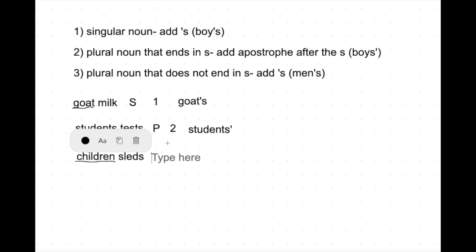So write P, it's plural, and it follows rule number 3 because it's a plural noun that does not end in S. So for that, we need to write children's, apostrophe S. And there you have it. That's all you'll have to do for that chart. You can look at the rest of that chart on page 329 on your own. And you are ready to do classroom practice 52.